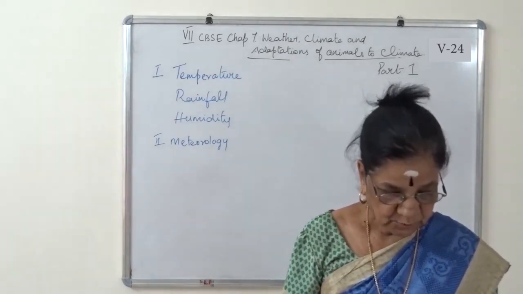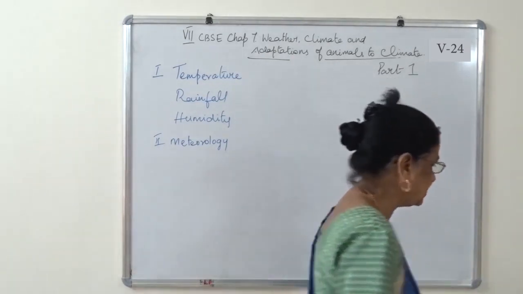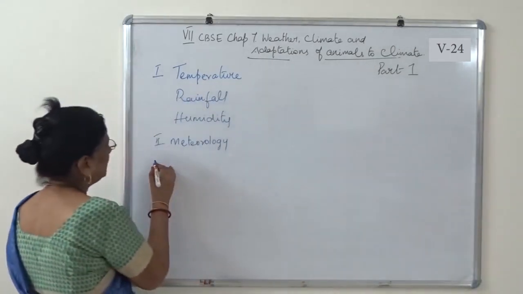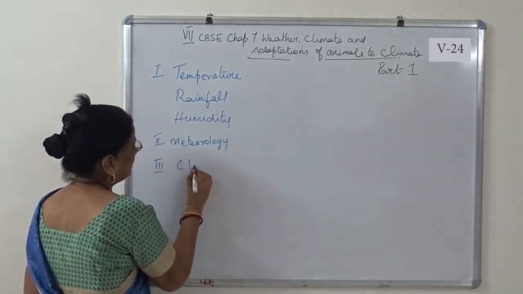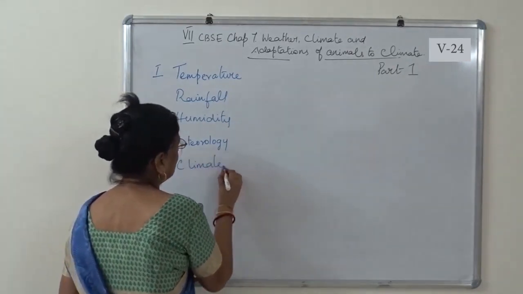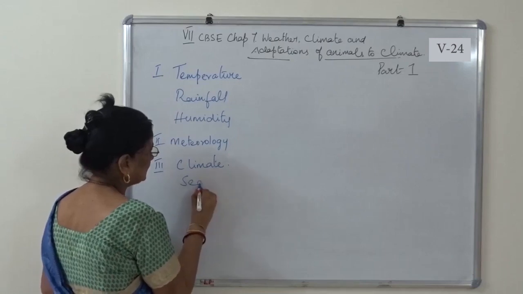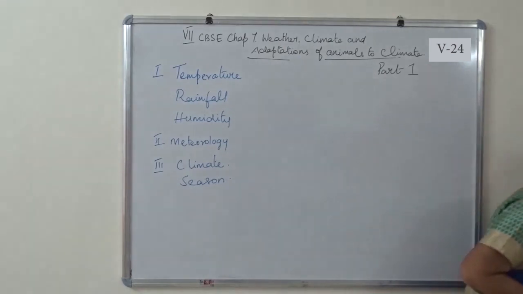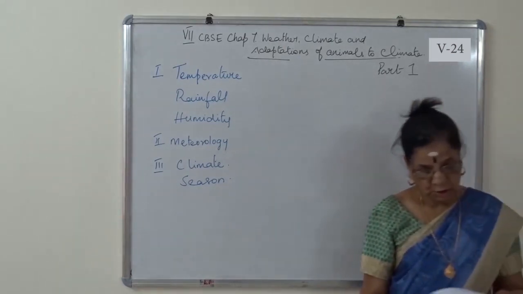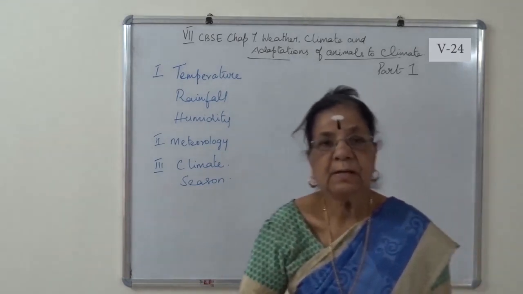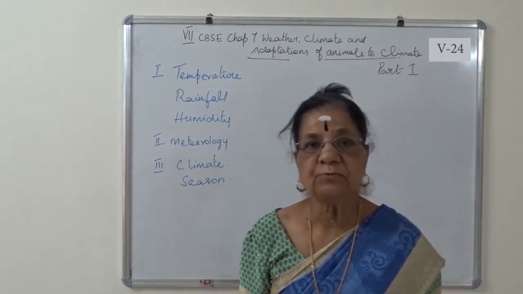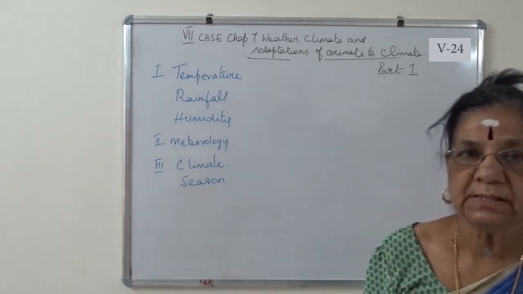Right. Now you should understand two terms, climate and season. What do you understand by climate and season? Climate is a long-term weather pattern of a particular area measured over a period of 20 to 25 years.